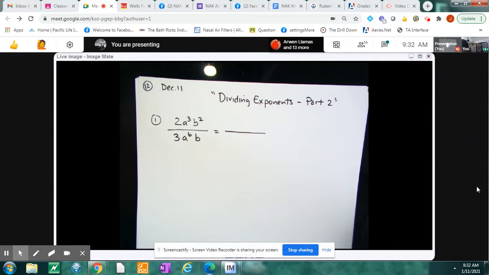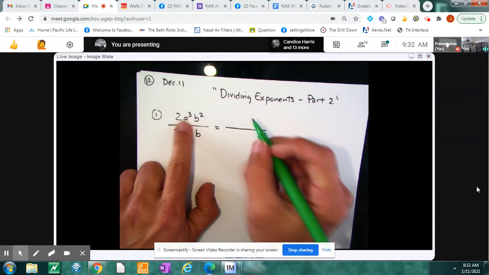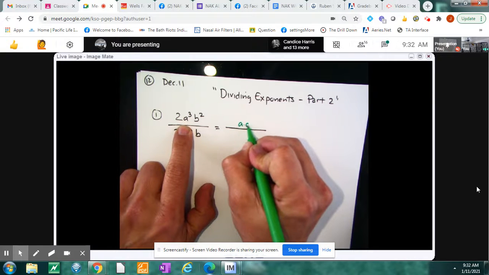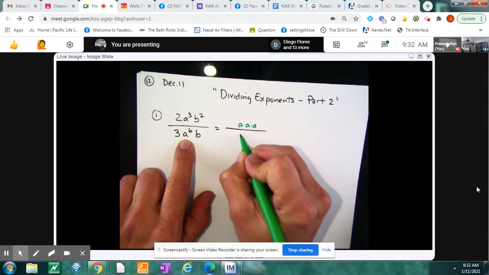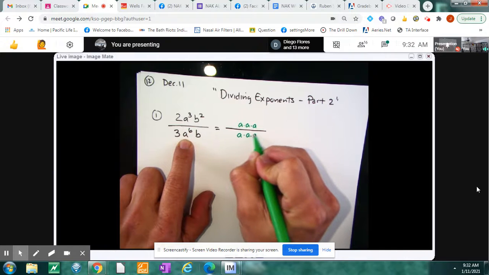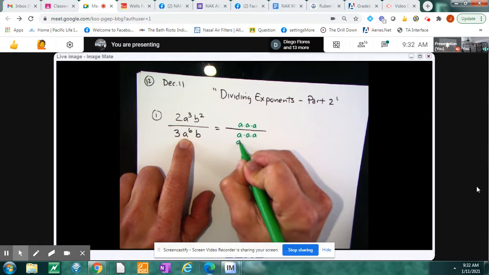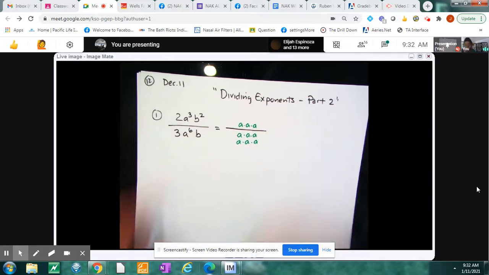Ready? Here we go. Let's do the A's. Now the B's.